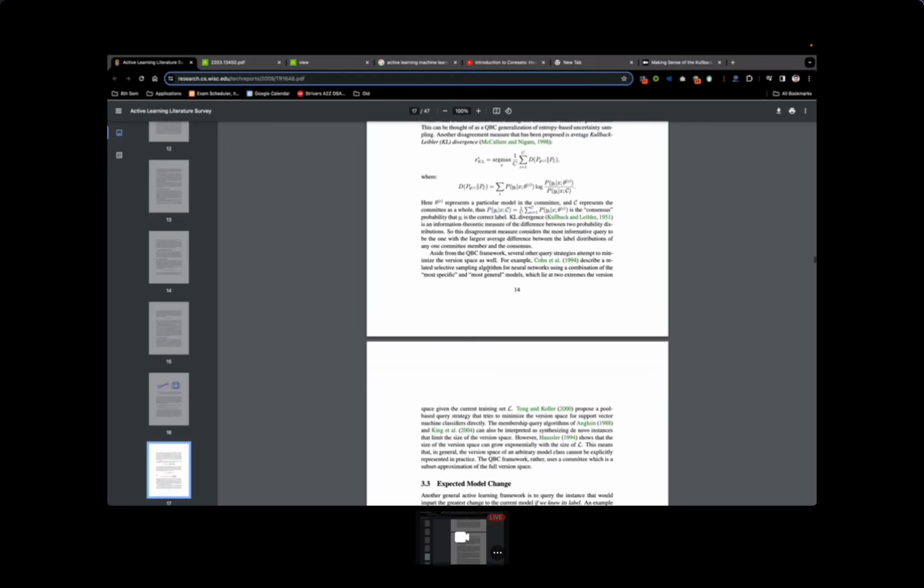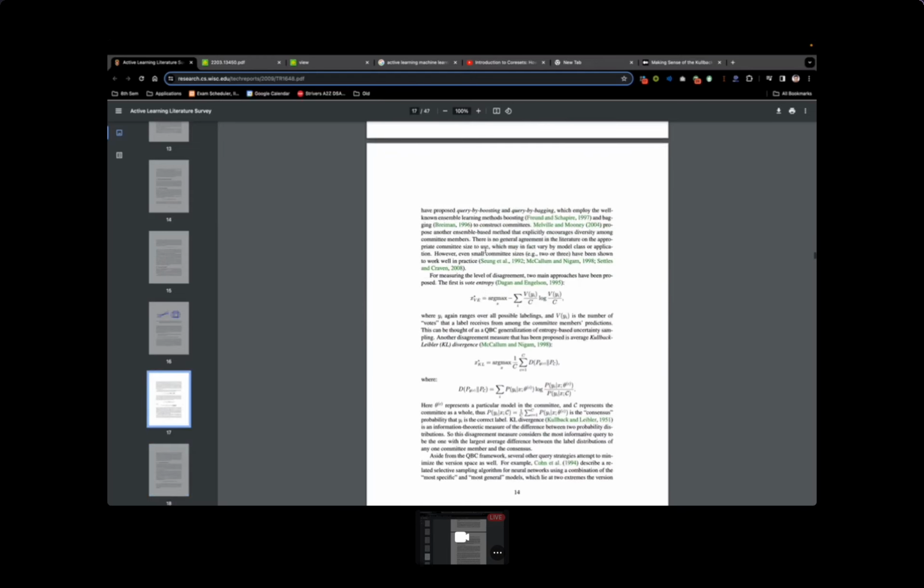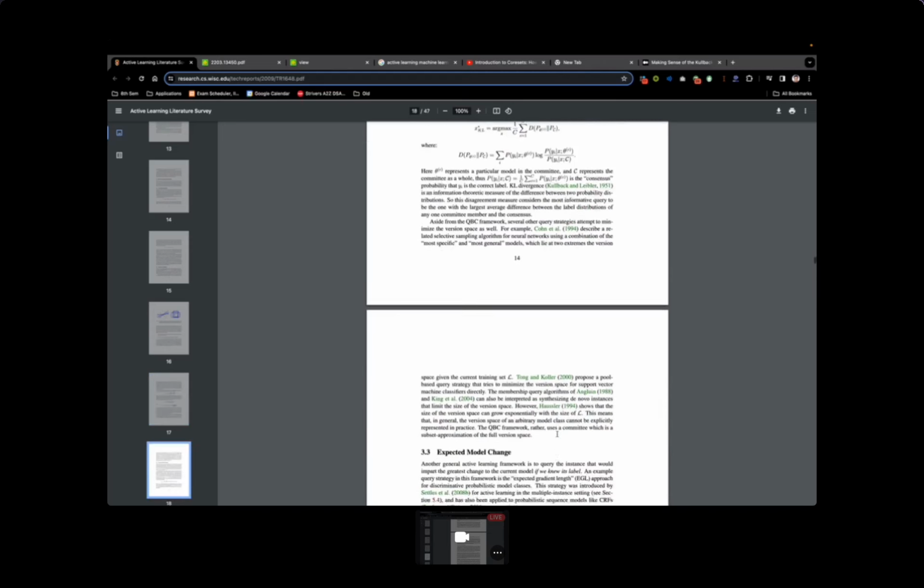So these are the 2 main methods. For example, we discussed the KL divergence and it applies that to the average of the model. Vote entropy is also similar.